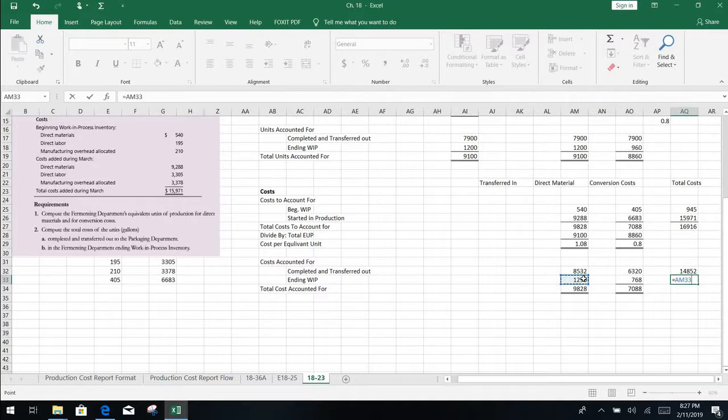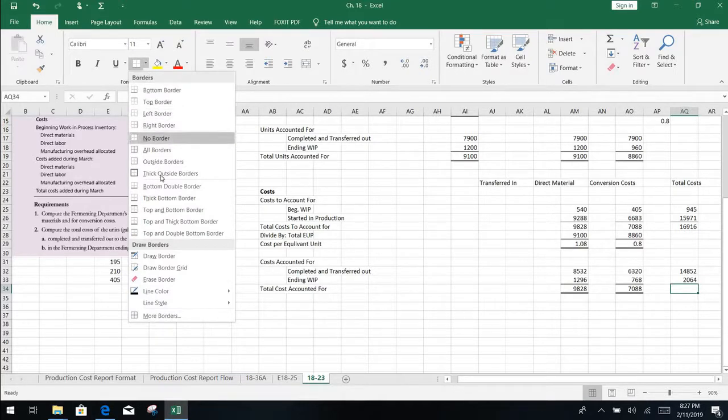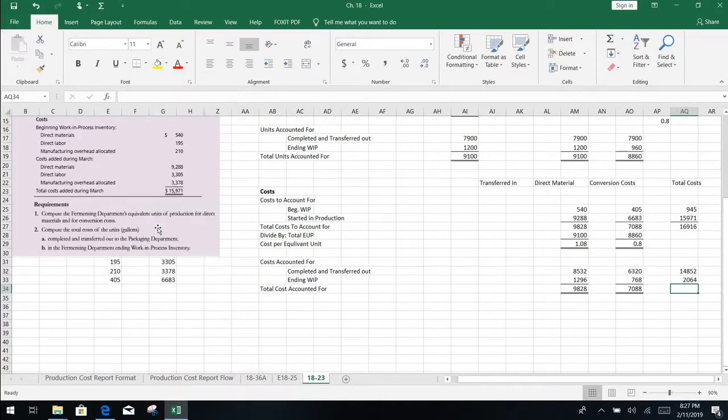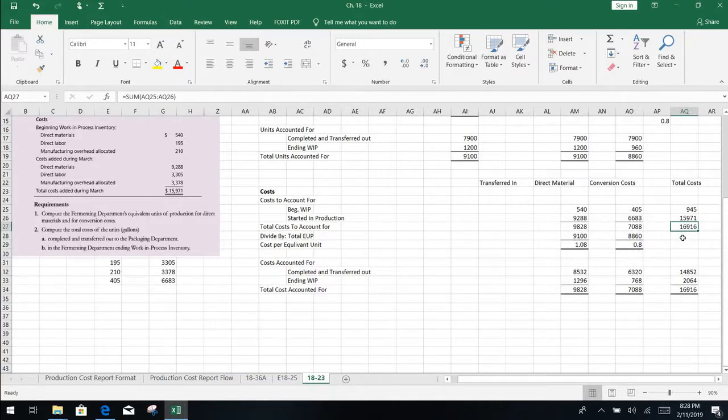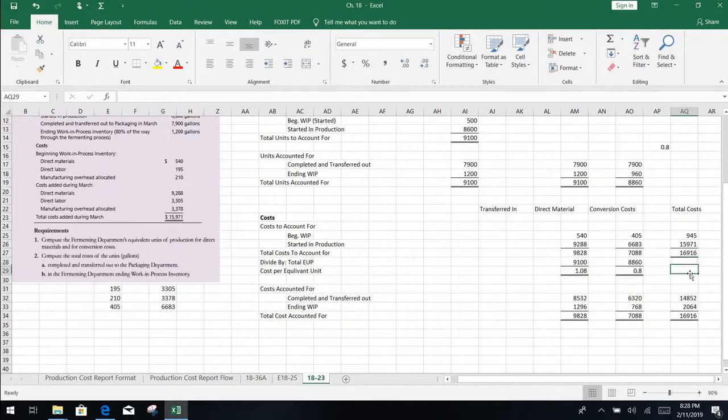Equals this plus this. Enter. And I'm going to get a sum of those, so let's get the right format. AutoSum, double click. This needs to be this. Okay, I'm a little bit uncertain on these values, but they match, so that's good.